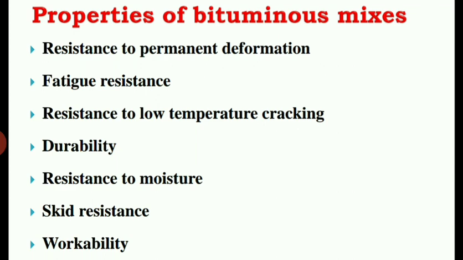And here the resistance to permanent deformation is more important at higher temperatures, because temperature is a considerable property in bituminous mixes. As you all know, bituminous material is going to melt when we apply certain heat, right?